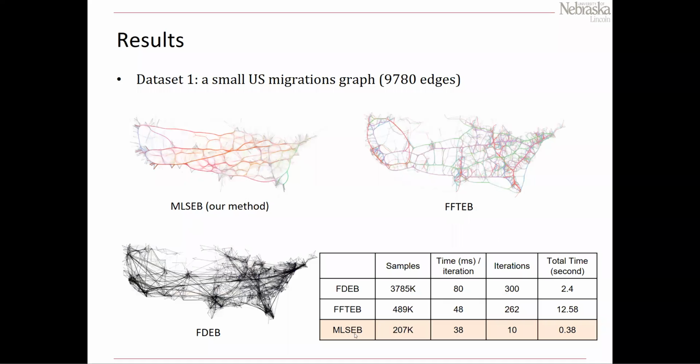We can see moving least square requires the lowest number of samples and also the lowest time to generate the result. To generate this diagram, we only take about 0.38 seconds, while the other algorithms, for example fast Fourier transformation-based edge bundling, take more than 12 seconds to generate this result.